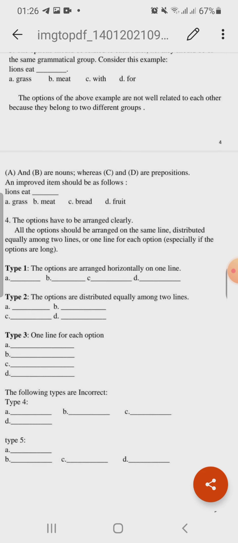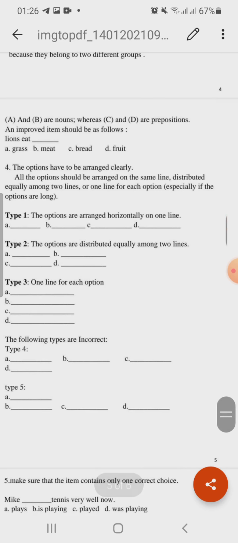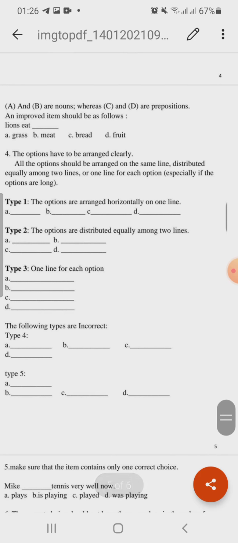So, with and for are prepositions, while grass and meat are nouns. The options of the above example are not well related to each other because they belong to two different groups. A and B are nouns, whereas C and D are prepositions. An improved item should be as follows. Lions eat grass, meat, bread, or fruit.